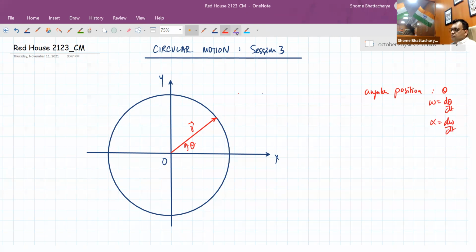Then first of all, we begin by expressing the two important unit vectors: the radial unit vector, which is along the radial direction, and the tangential unit vector, which is along the tangential direction.